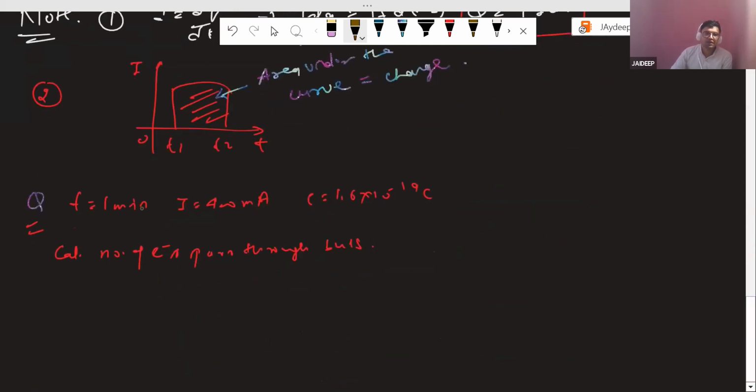Try this question. Time is given as 1 minute. Current is 400 milliamperes. Charge is 1.6 times 10 to the power minus 19 coulomb. Now we have to calculate the number of electrons passed through the bulb.